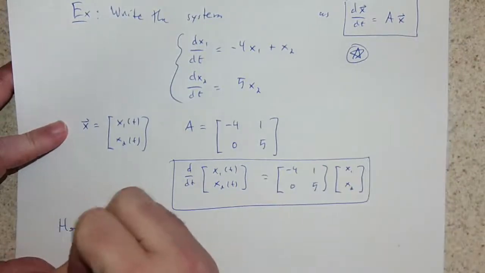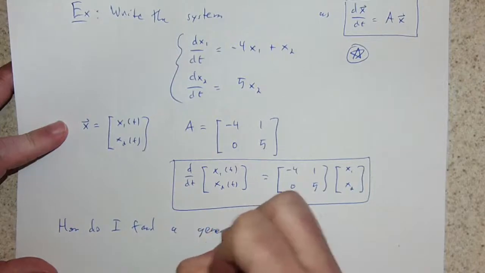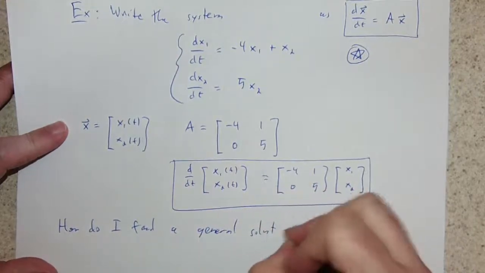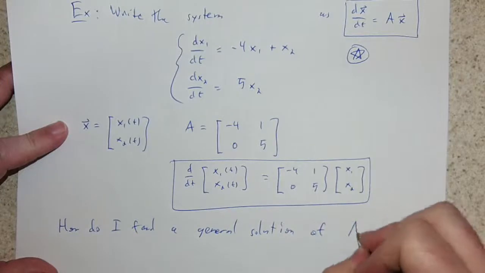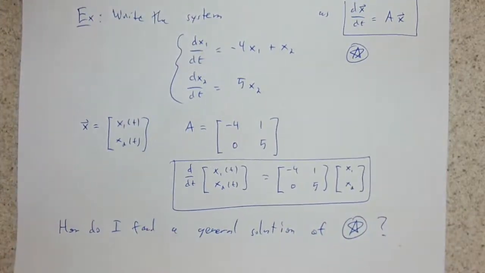How do I find a general solution of star? We are going to be using methods that are very similar to what we've done before.